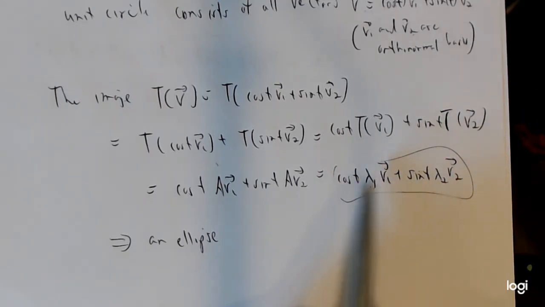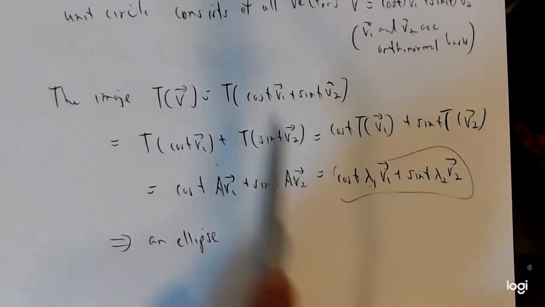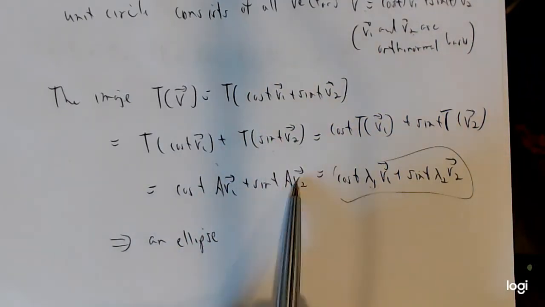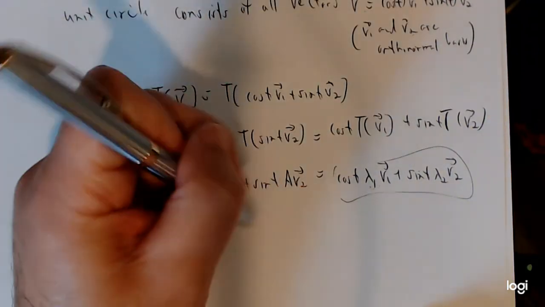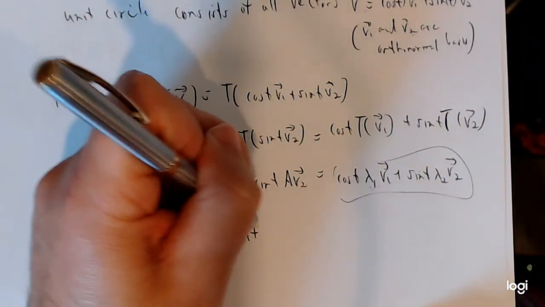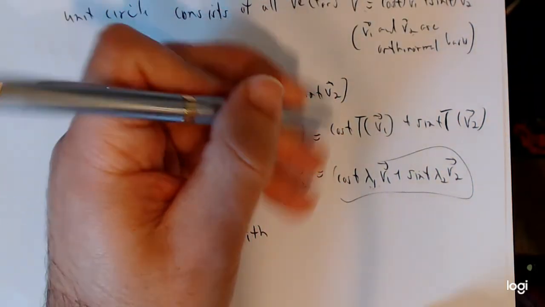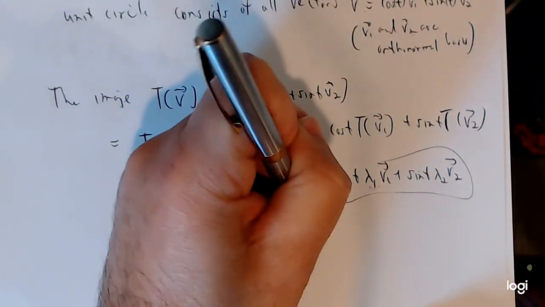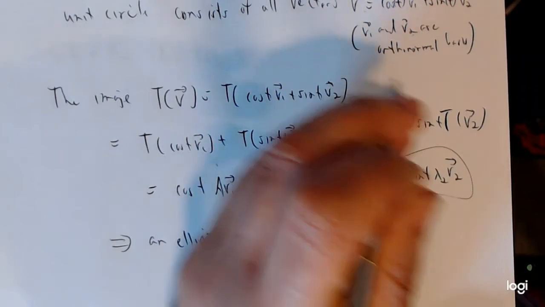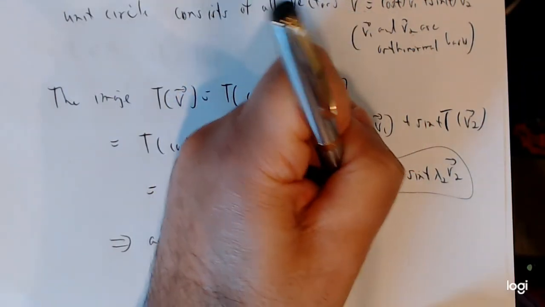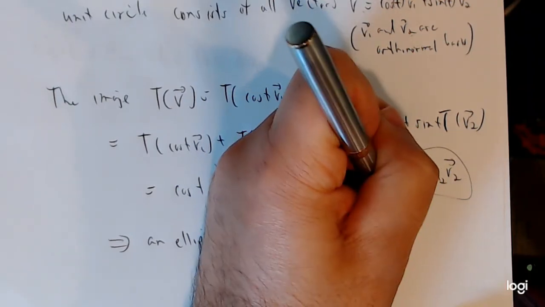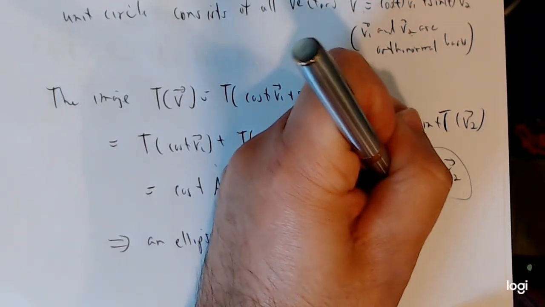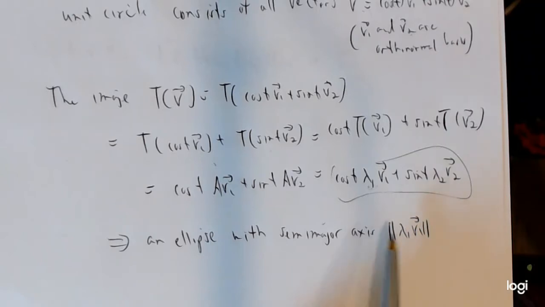So we showed that when I ran the unit circle through this, the image became an ellipse. More importantly, this is an ellipse with semi-major axis of magnitude lambda sub 1 v sub 1. And what do I know here, by the way?